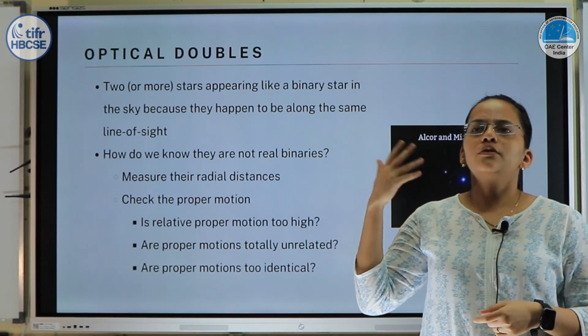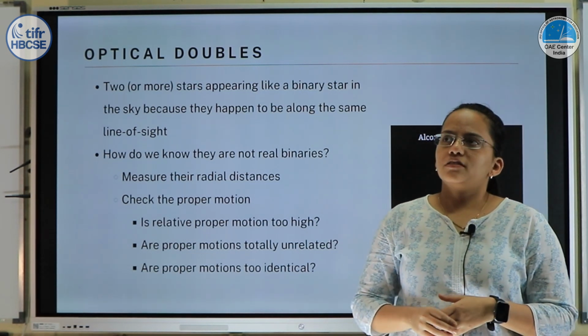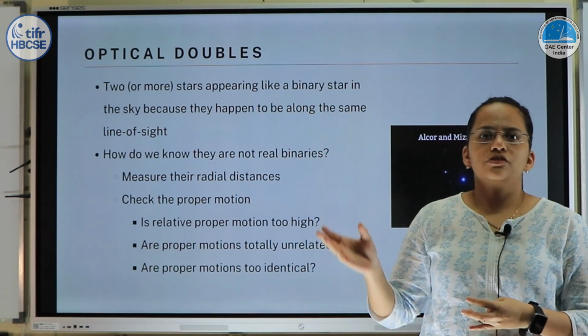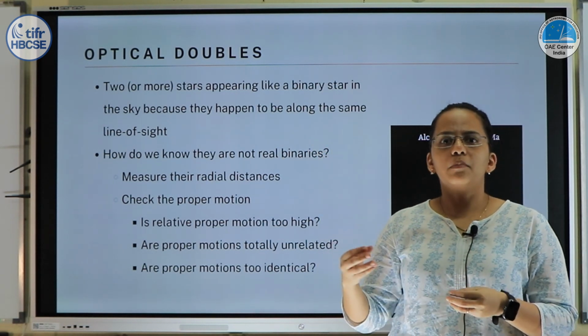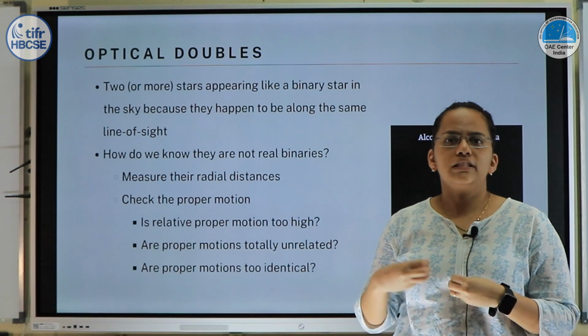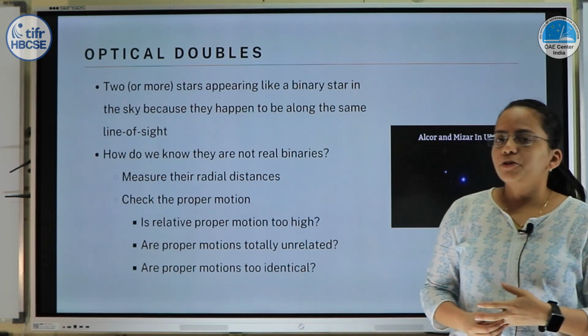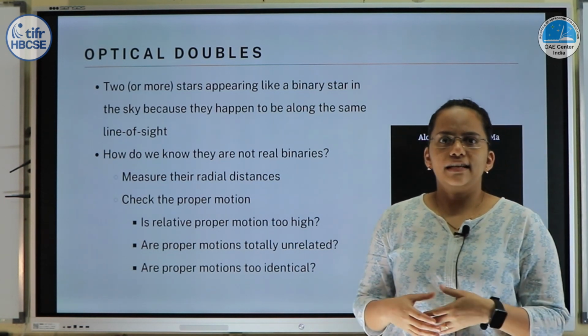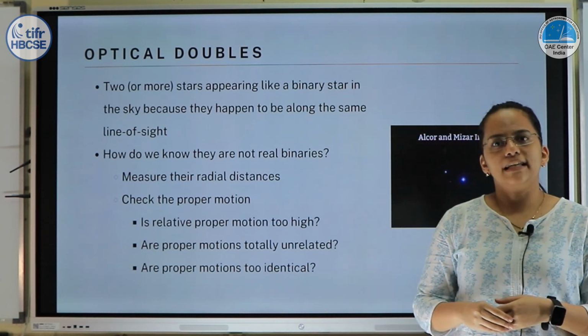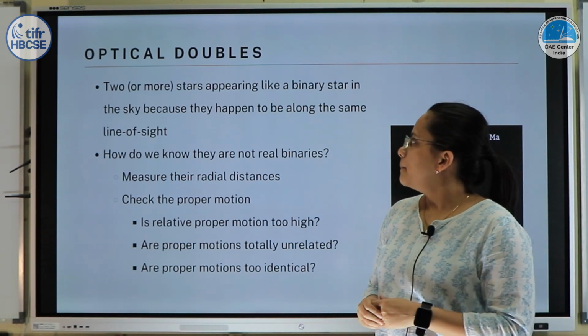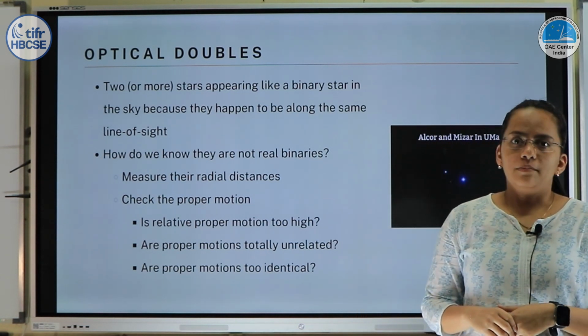This is because when we look in the sky, we just get to know the angular separation between the stars, but we have no idea about the radial distance of these stars from us. So these stars appear to be together in the sky, as I said, because they happen to lie along the same line of sight. Now how do we know that they are not real binaries?